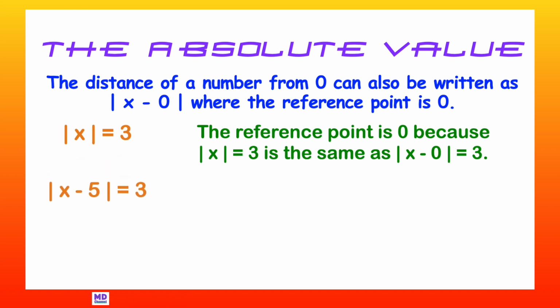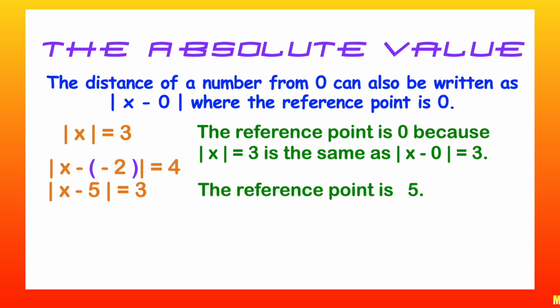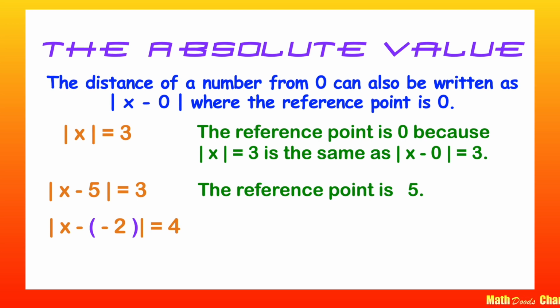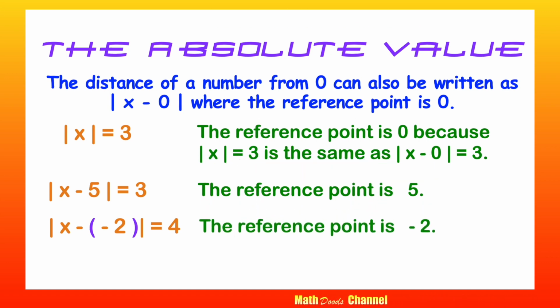In the absolute value of x minus 5 equals 3, the reference point is 5. In the absolute value of x minus negative 2 equals 4, the reference point is negative 2.